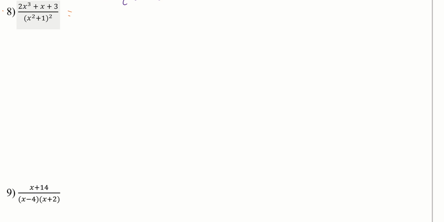So this one's a little bit tricky. We have a degree of 2 and it's repeated. So I have ax plus b over x squared plus 1, and then plus cx plus d over x squared plus 1 squared. Multiply everybody by the common denominator, which is x squared plus 1 squared.